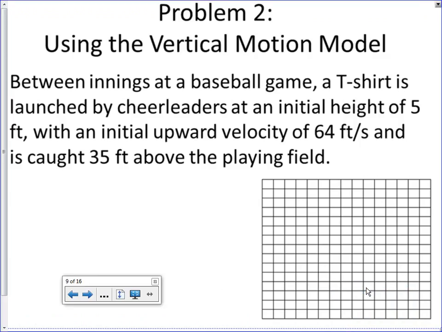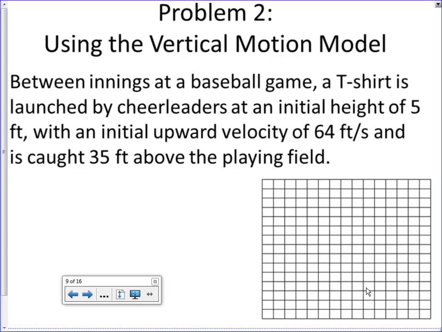All right, so here we go. Between innings at a baseball game, a t-shirt is launched by cheerleaders at an initial height of 5 feet with an initial upward velocity of 64 feet per second and is caught 35 feet above the playing field.